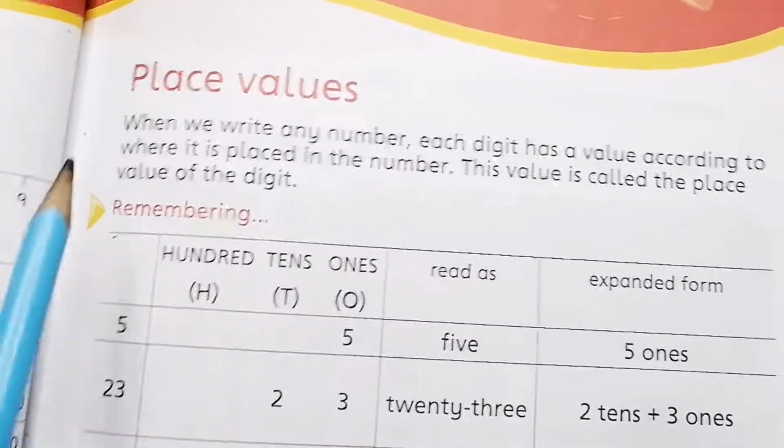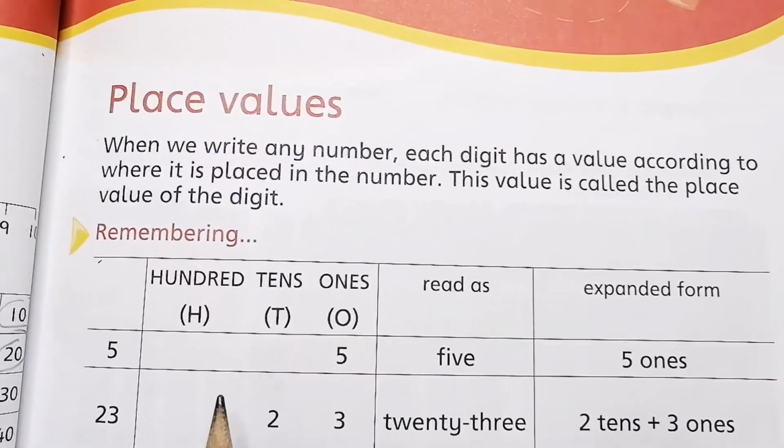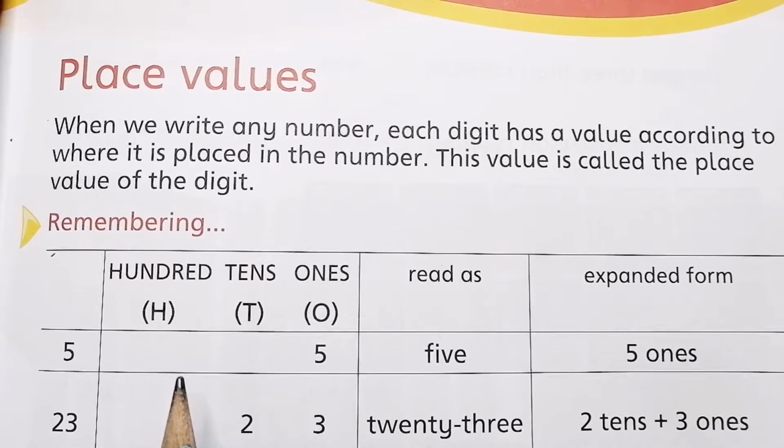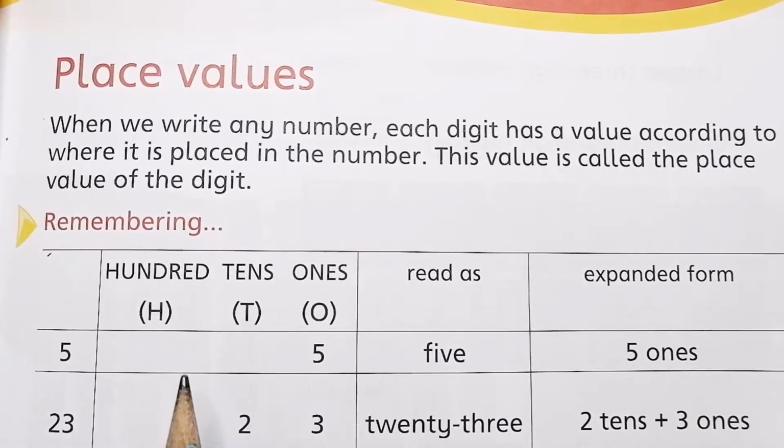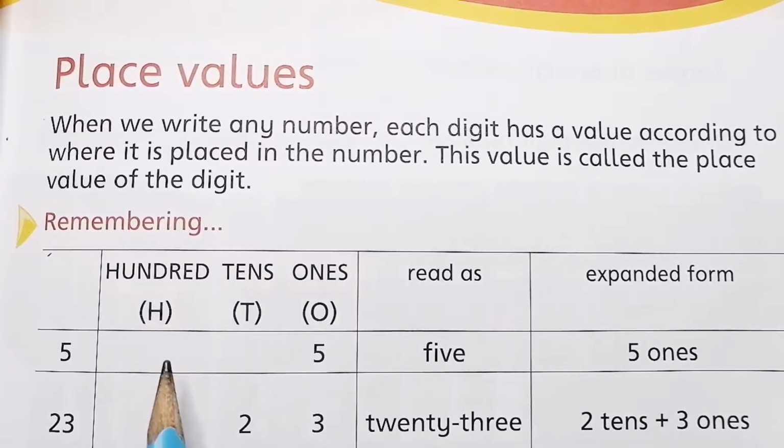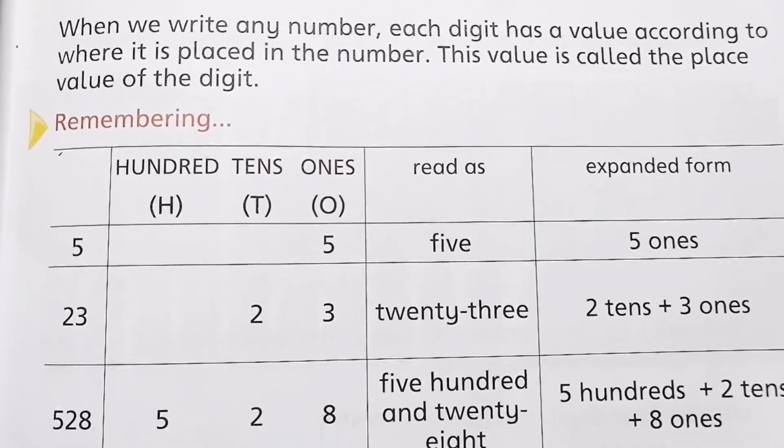Okay, now place values. This is very important to learn, because in class 5 you will have more questions about place values, so you have to learn this concept very nicely.